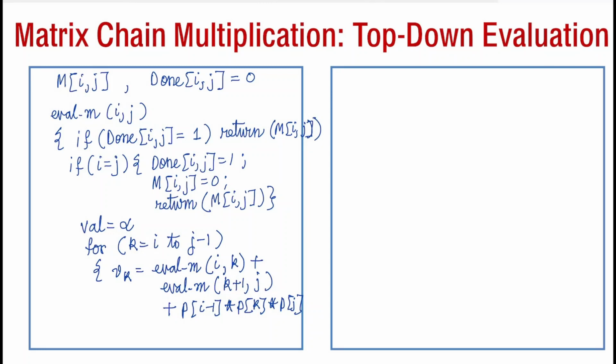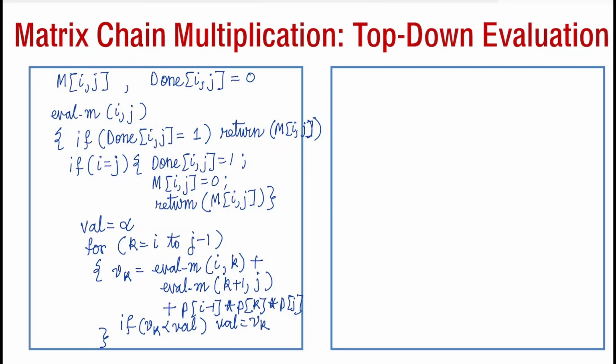We are assuming that the p values, or the dimension values, are stored. Then all we now need to do is, if Vk is less than val, val equal to Vk.